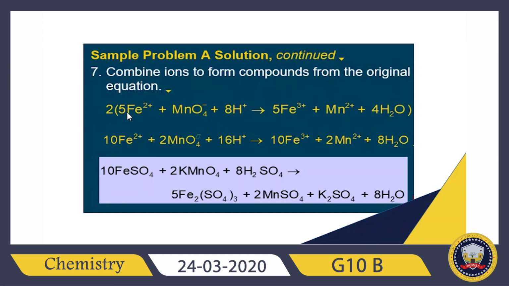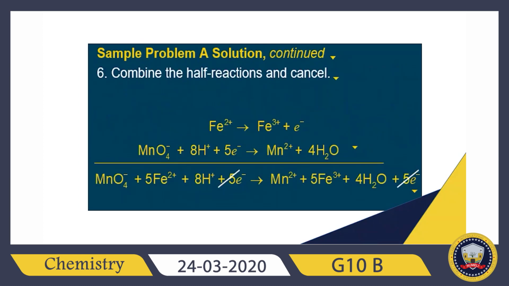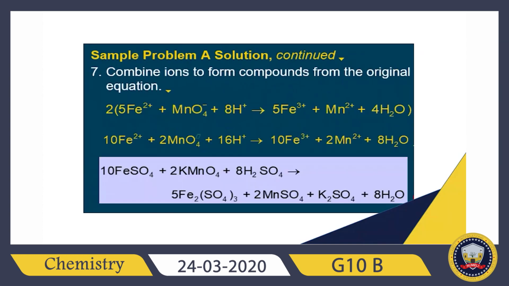So here, after we combine both of the reactions together, we will get this reaction, and as we said, we will cancel out the similar atoms or ions. And then here, guys, you can notice that we multiplied the whole equation by 2. It's just to balance the equation, and you can do it later after you write the final formula equation.